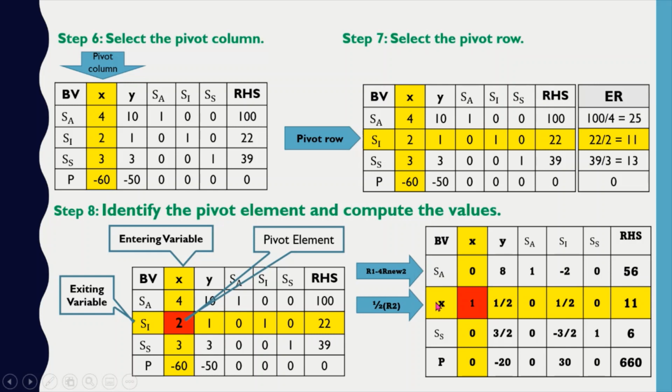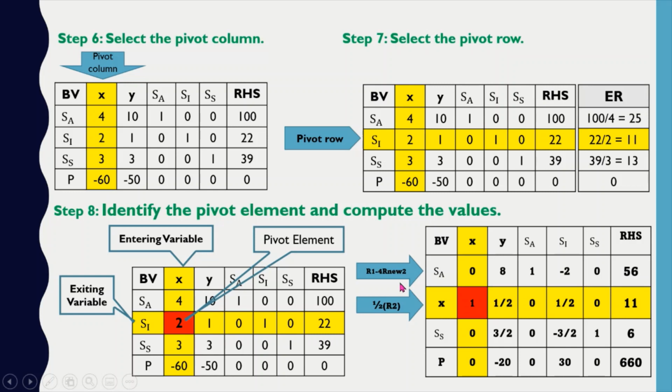Since the second row is highlighted in yellow, this is our new value, so we call it row new 2. I just write it row new 2 to identify that these are my new values for row 2.